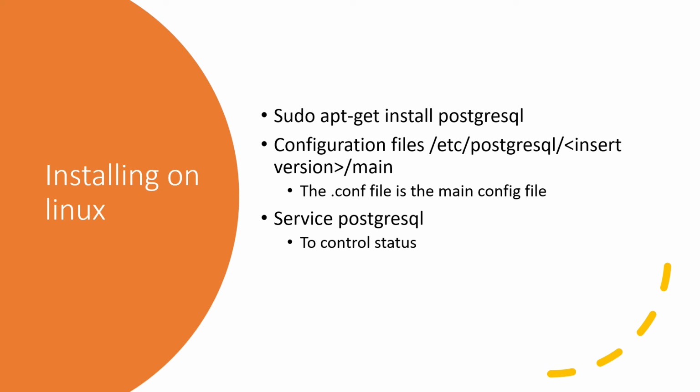But it's going to be in /etc/postgre, and then you can traverse through and see where all the stuff is going to be found. Now, the main thing you're going to want to remember is the thing ending in .conf is the config file. So you're going to open that and be able to edit various lines in that script. And you can use service PostgreSQL with help or some command, and you'll be able to see the control status. So you'll be able to stop and start the server, and perform various other maintenance on that.